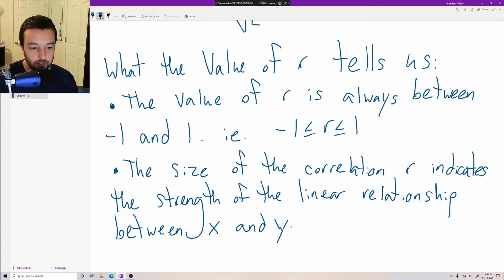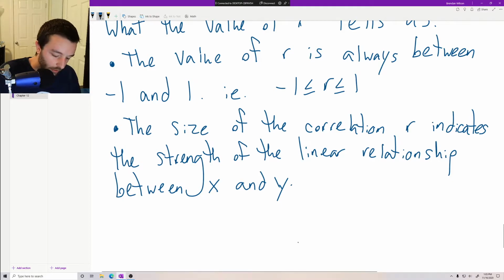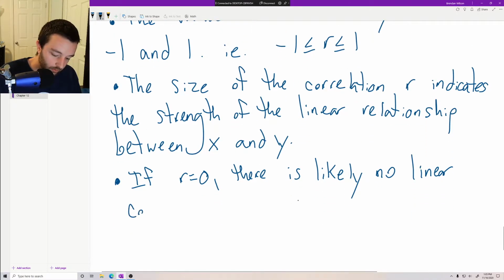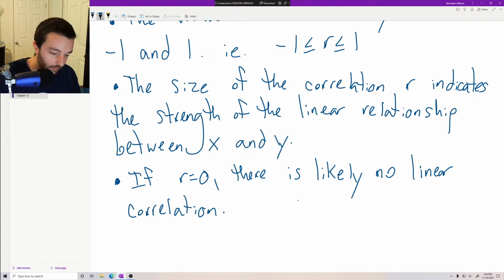So the size of it tells you the strength of the relationship, which we pretty much already established. So on that size, if R is equal to 0, there is likely no linear correlation, meaning relationship.